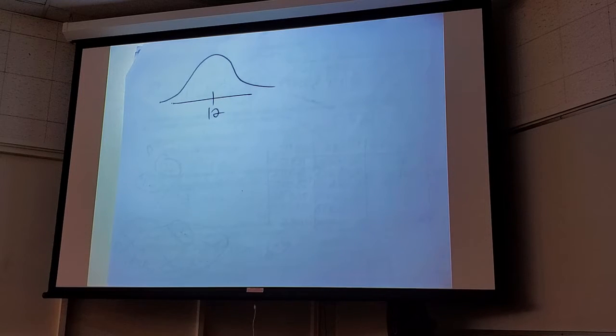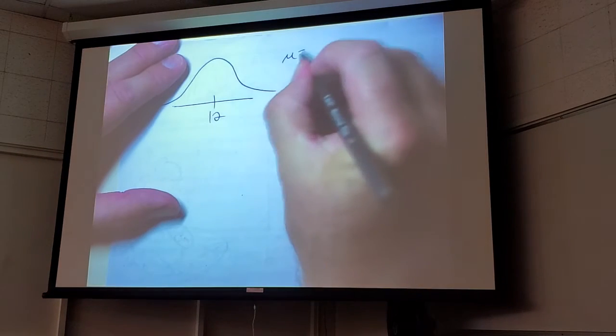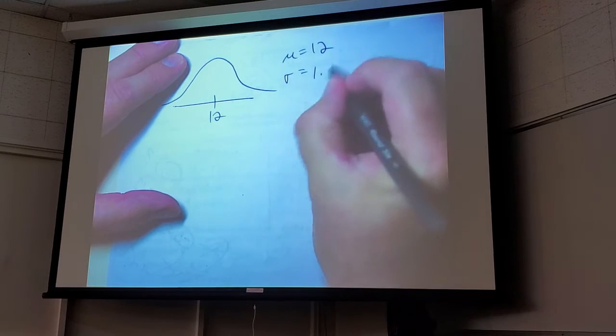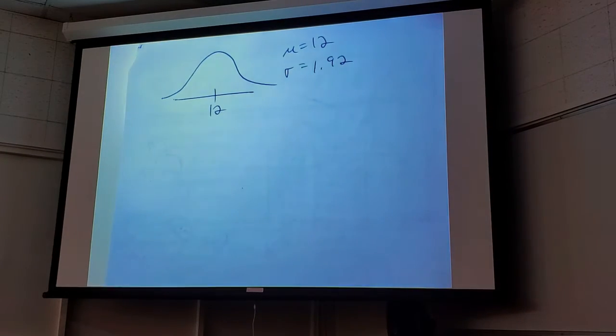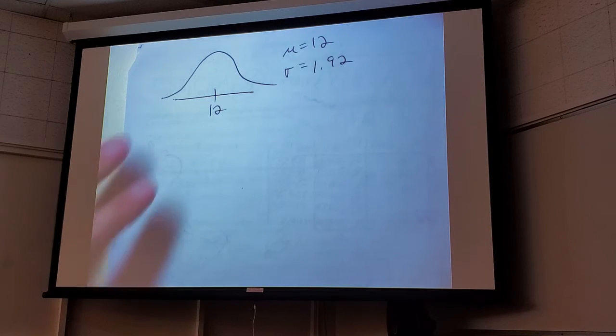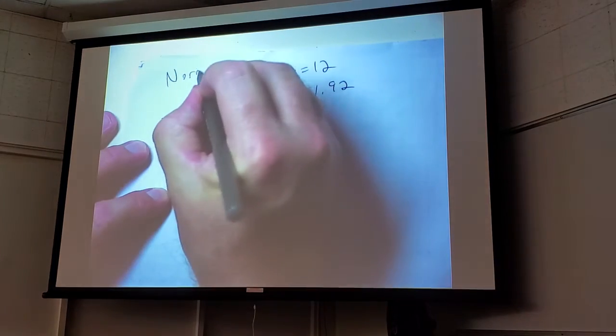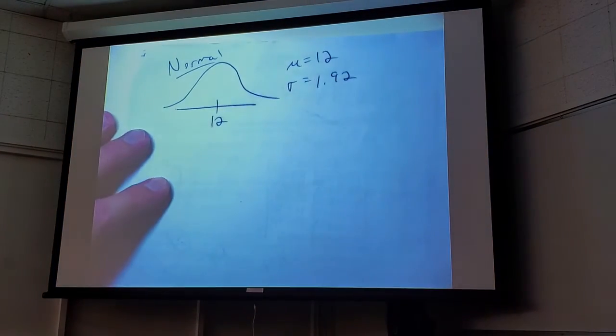Z-scores, or the mean could just be 0, right? But yeah, the middle's got to be the mean. So the mean is 12, and let's say the standard deviation is 1.92, just to get some beautiful decimals in there. And I know it's normal. That's the first thing I said, this is normal.